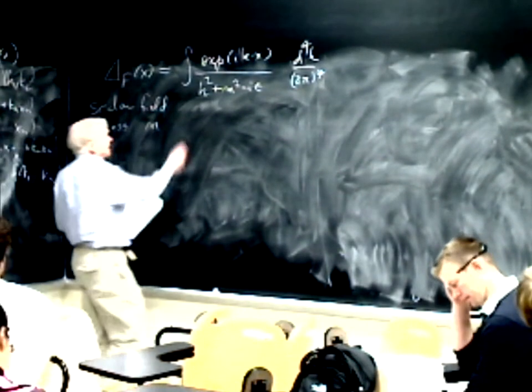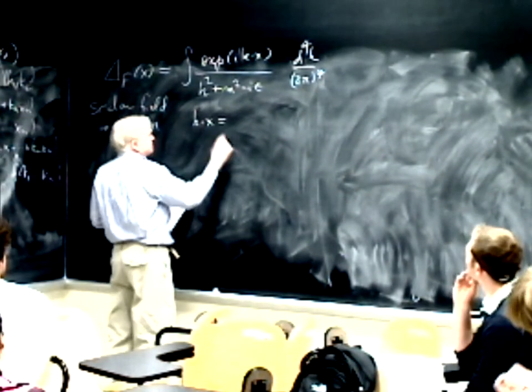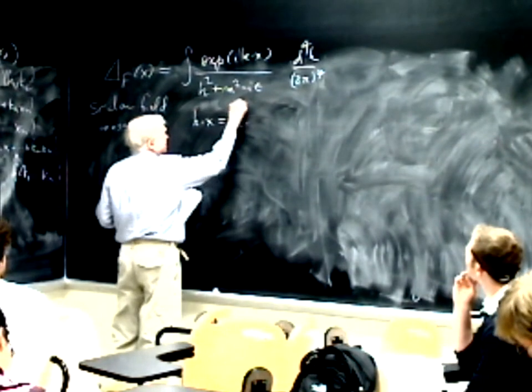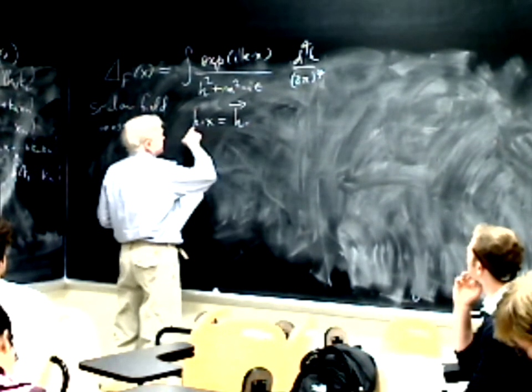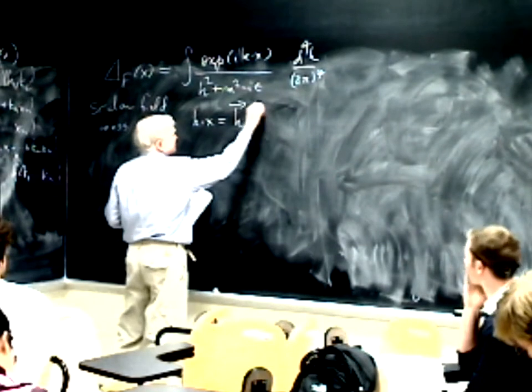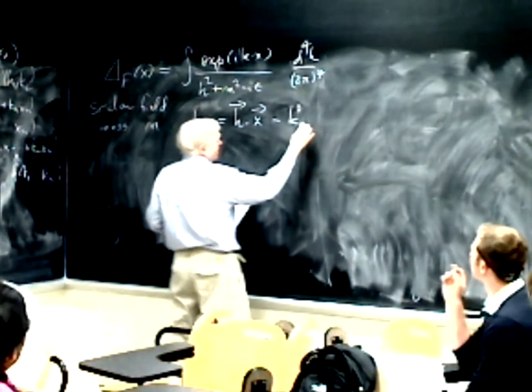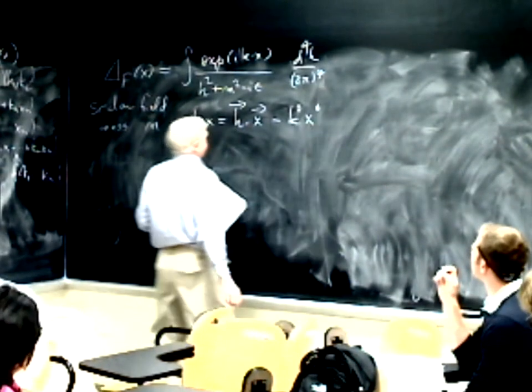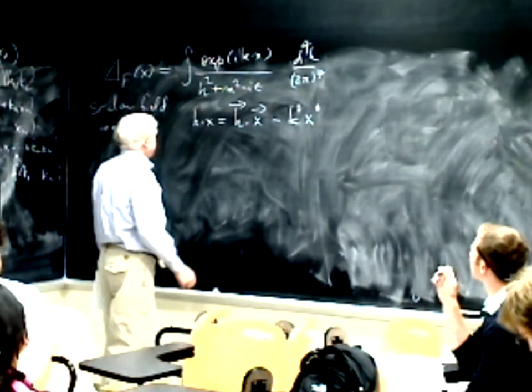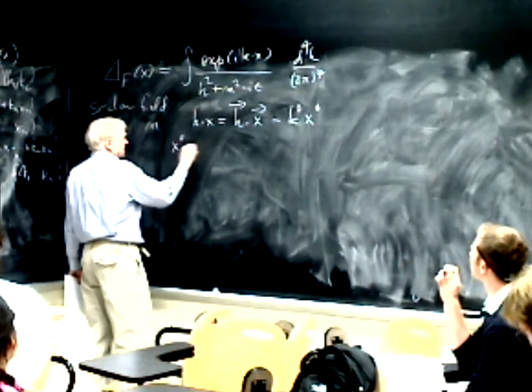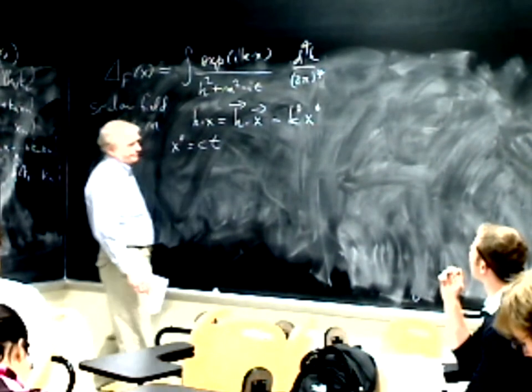Okay, what is k dot x? K dot x is that Minkowski inner product. K is the momentum, x is the position, minus k0 x0, and x0 is c times time.